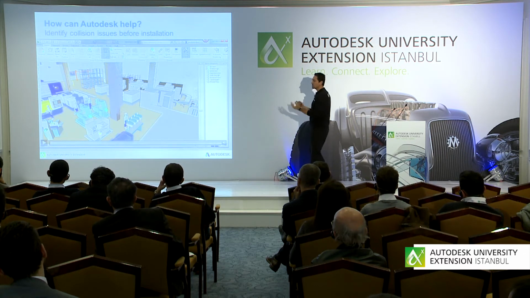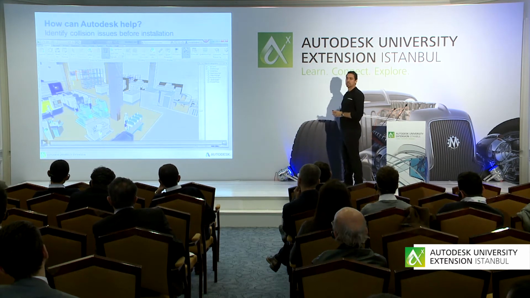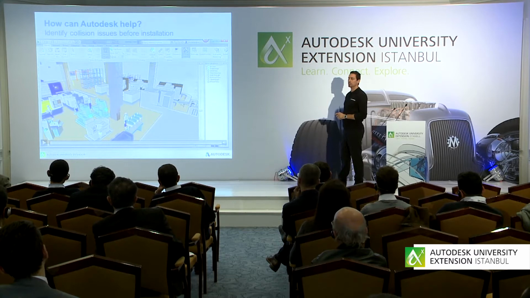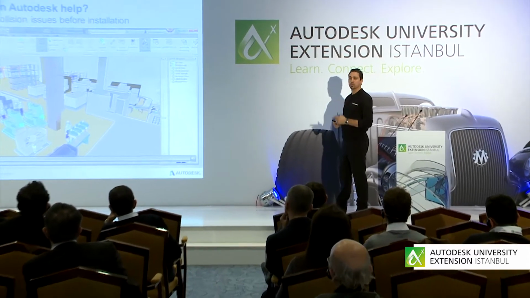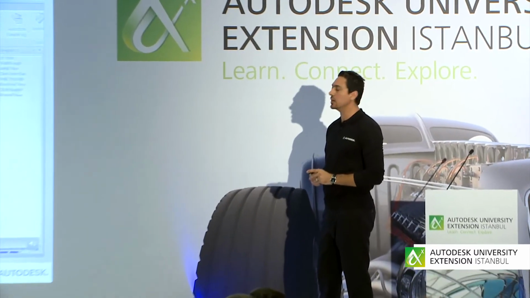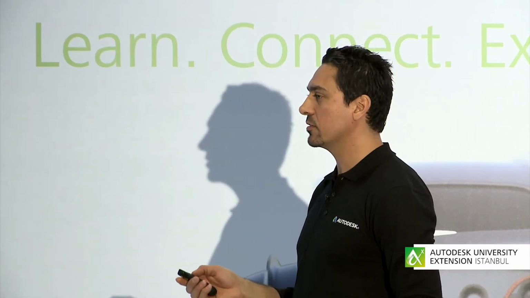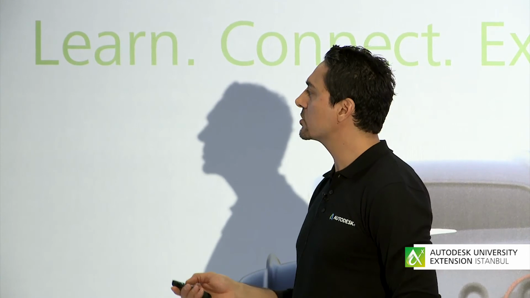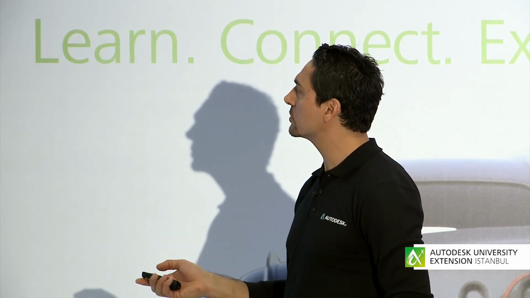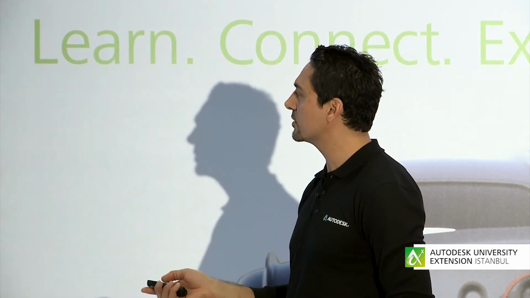So before we start building the actual factory, we get an insight to these situations that I don't think the human eye can pick up. Right, so I'll just move on to the next video.